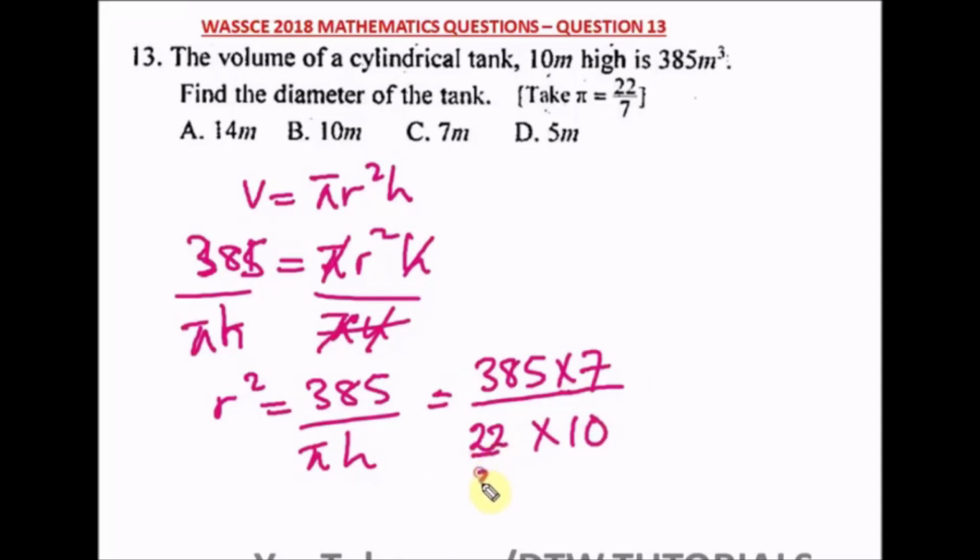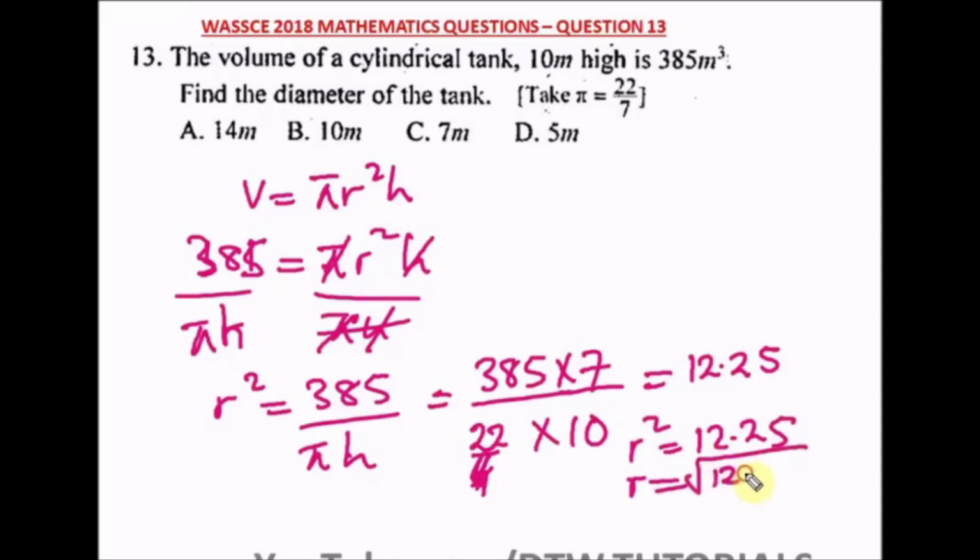You know, it's 22/7, and we invert, 7 will come up. And h is what? 10. All right, if you punch in your calculator, you're going to get 12.25. R square is equal to what? 12.25. To get our r, it will be what? The square root of what?